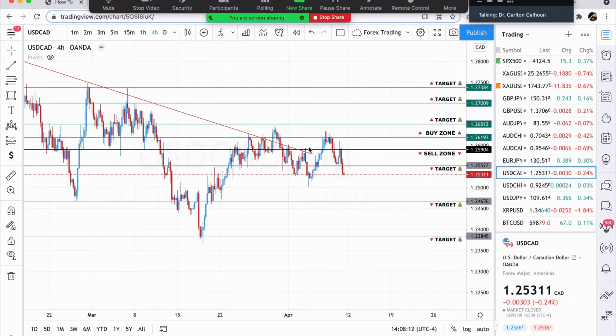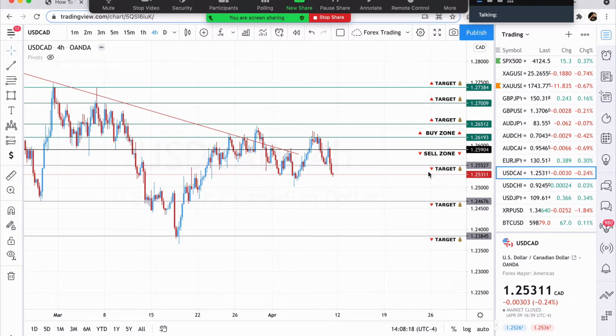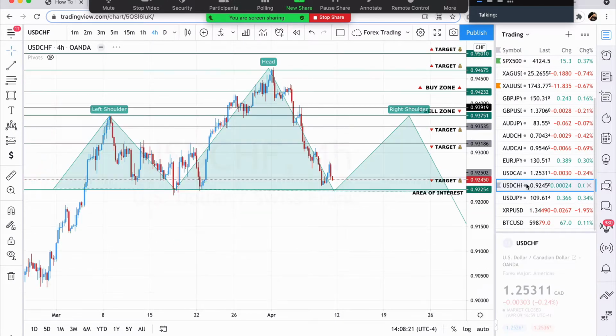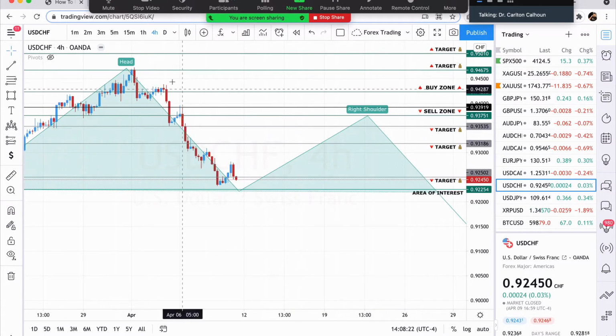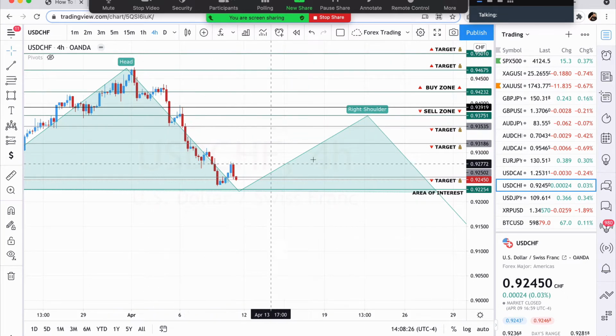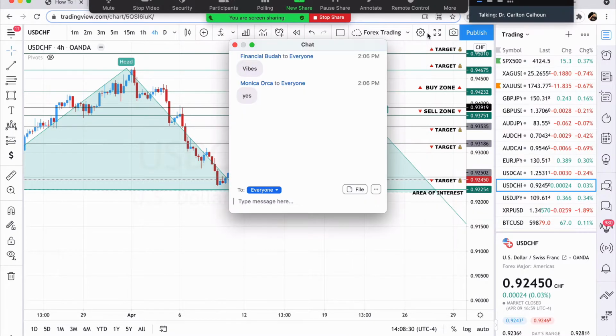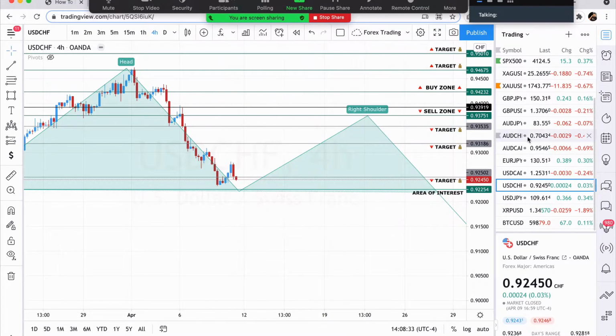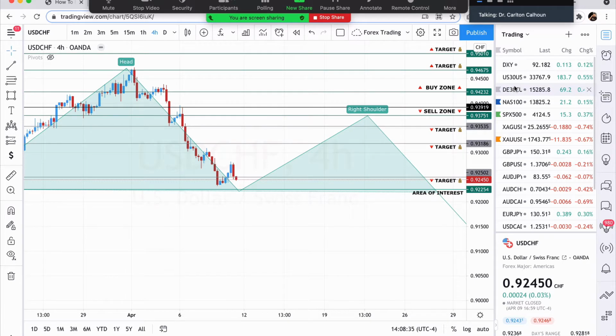We had a little bounce up to the upside and then it fell back again. Same thing with USD CHF. Look at that. So these are just fundamentals. Just fundamental stuff.